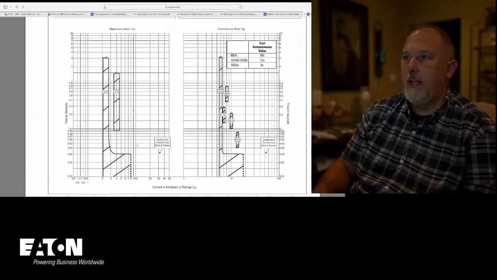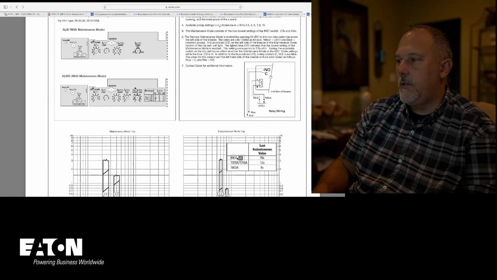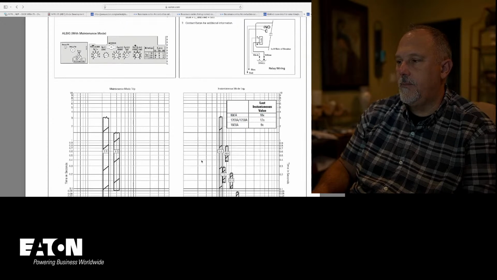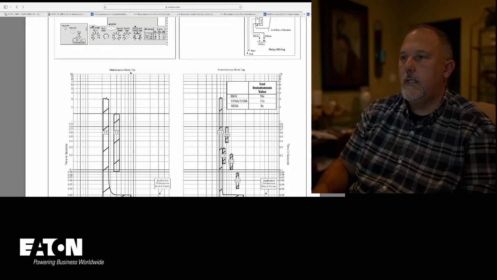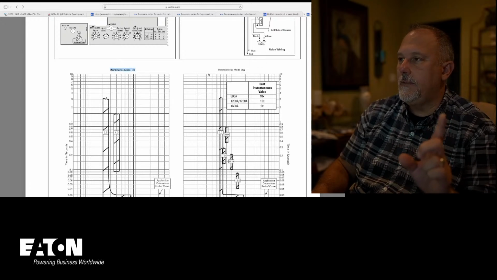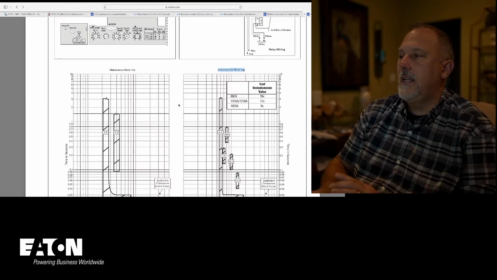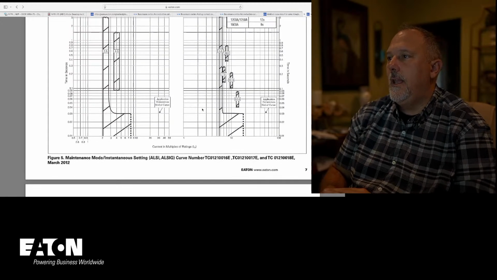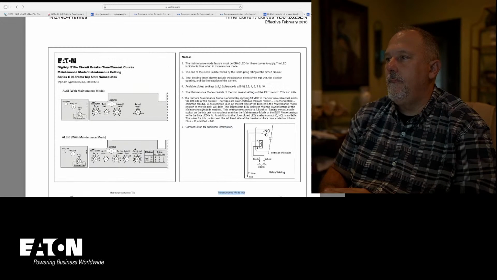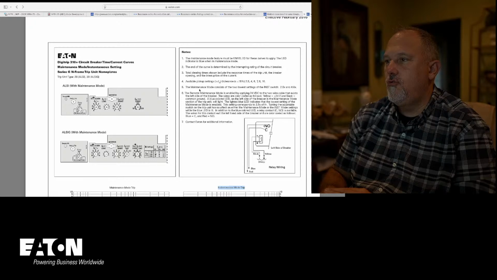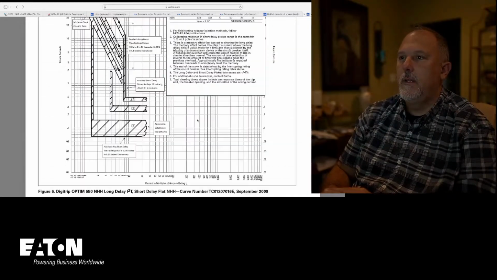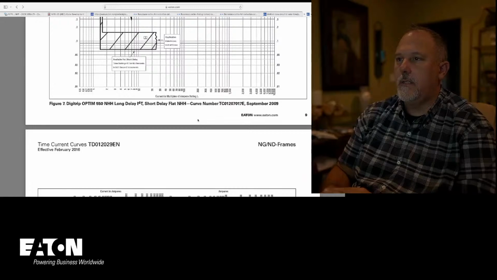Let's find my 800 amps. Oh, look. 800 amps. That's the maintenance mode. I don't want that. I want my instantaneous mode. Hold on. That's not instantaneous.